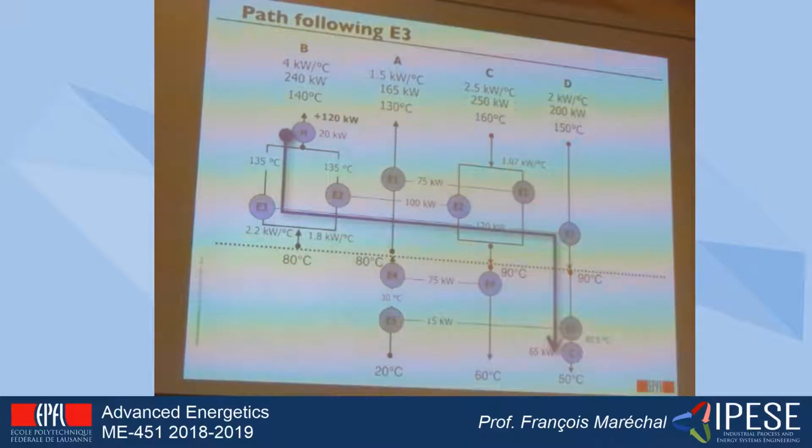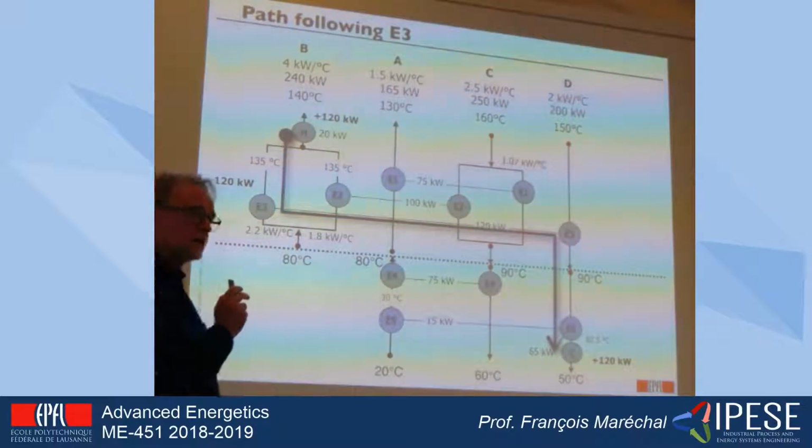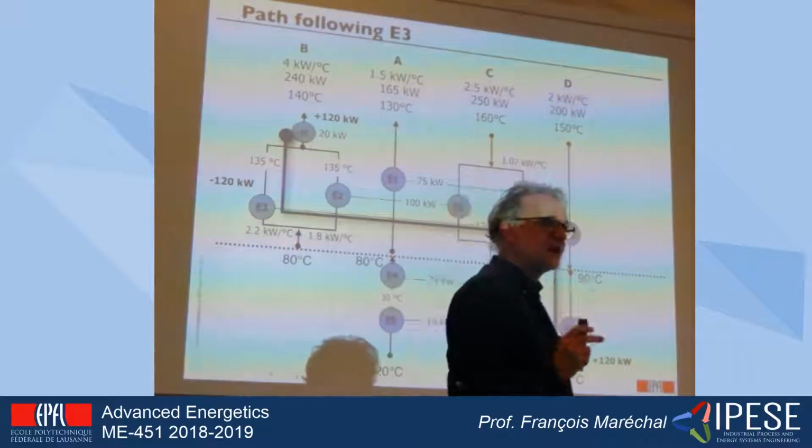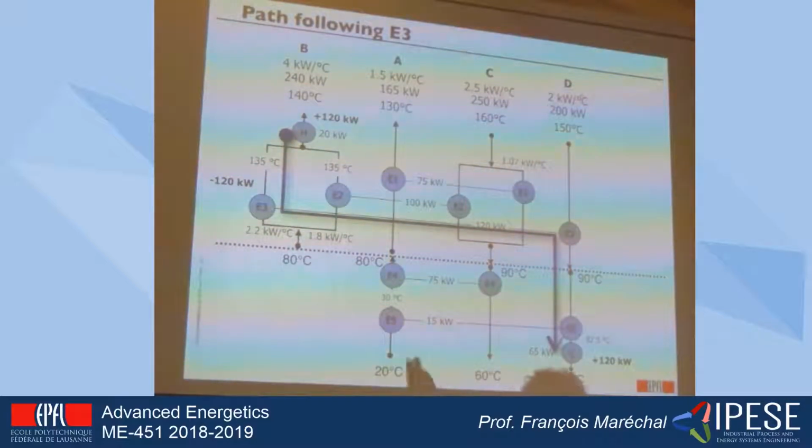So it means that if I'm adding a certain amount of heat in one heat exchanger, the consequence is that the next one will be reduced by the same amount, and then the third one in the path will increase by the same amount. So I have effectively the same energy balance at the end, more in the hot utility and more in the cold utility.